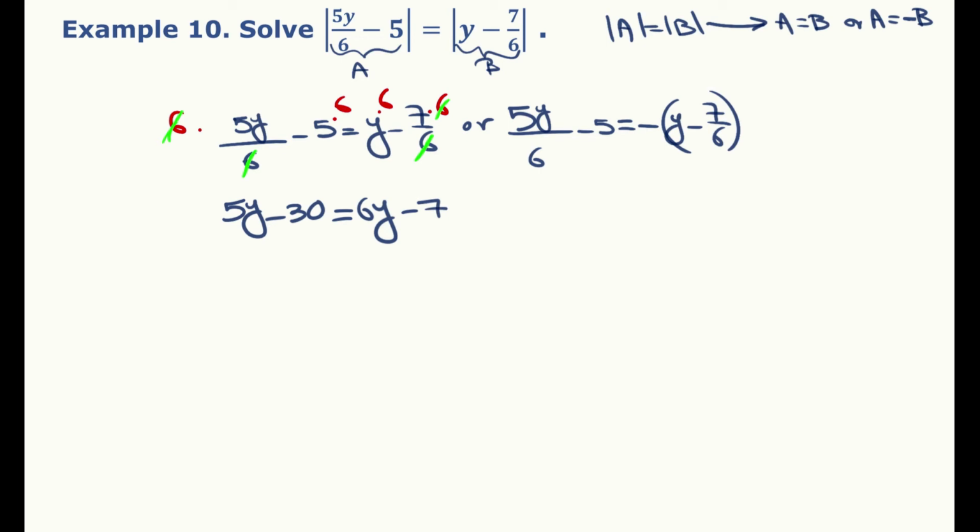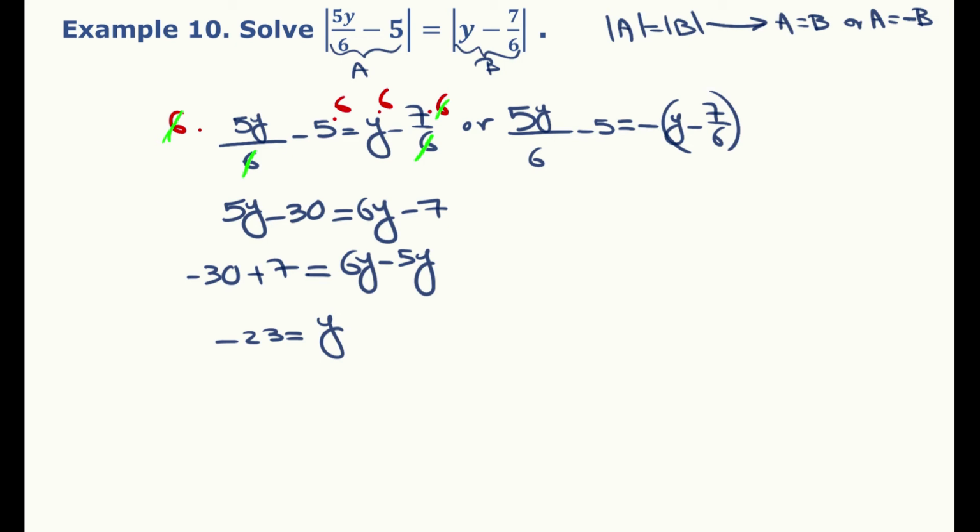All right, so solving this now, I'll move the 5y to the other side because 6 is the larger coefficient. It's usually better to go to the side with the larger coefficient. So you have negative 30 plus 7, so we get negative 23 equals y. Okay, so there's one of our solutions, well, proposed solutions.